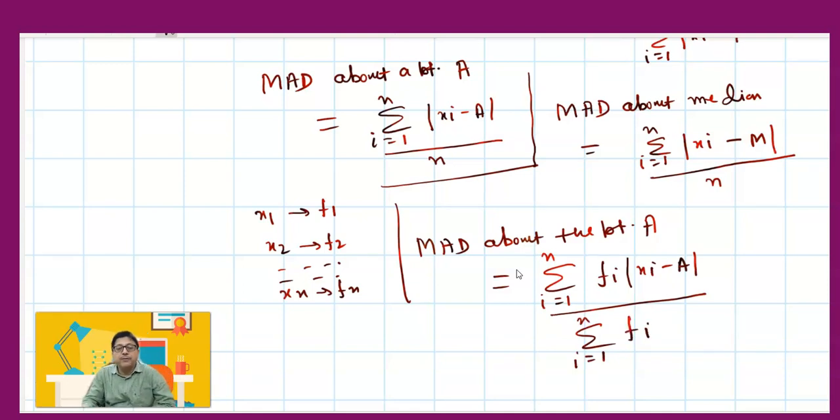The sum of all these frequencies is to be added in the denominator. So you understand the meaning of mean absolute deviation about the point A.